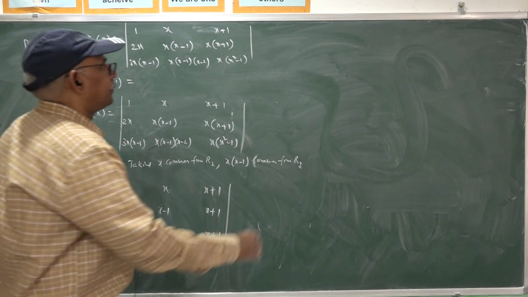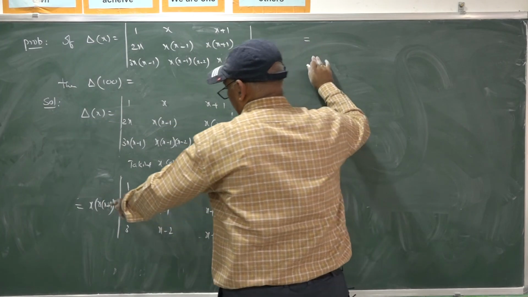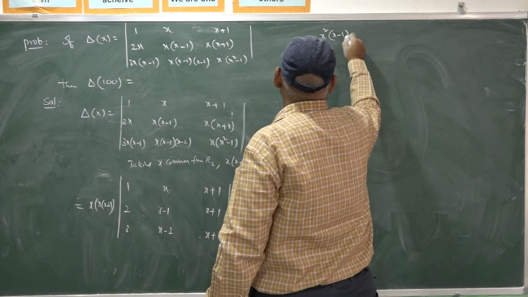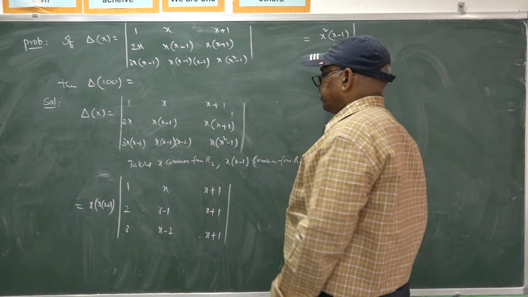That is x into x square into x minus 1 into the determinant.